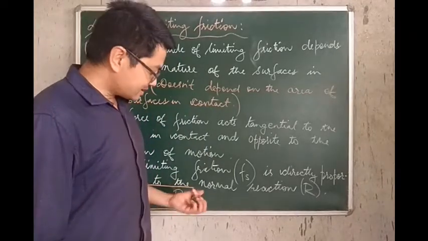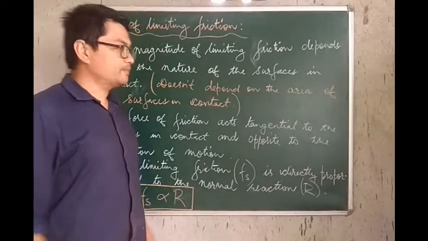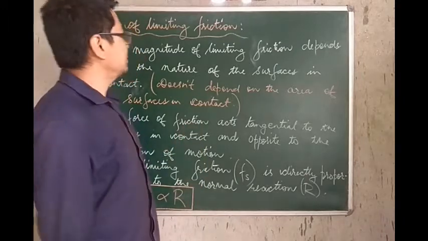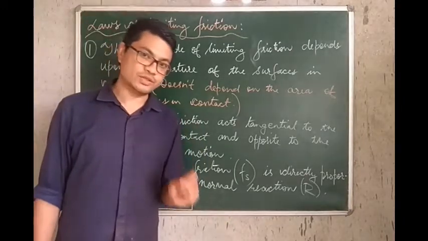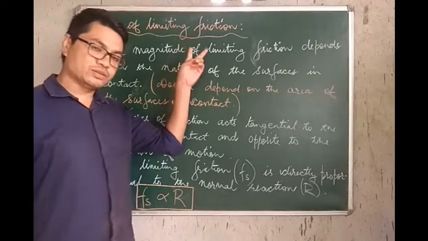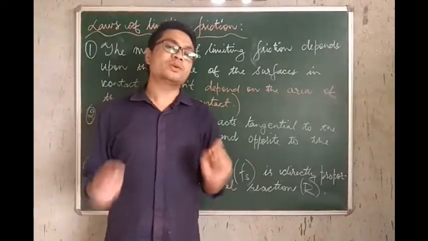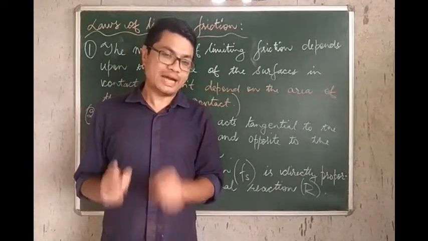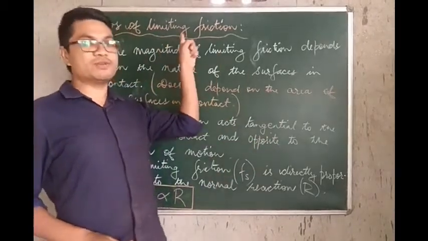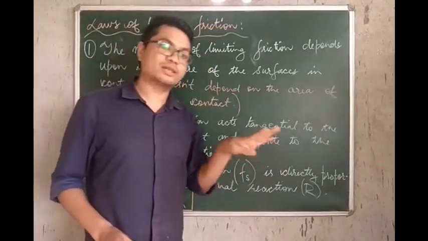Alright, so after discussing the introductory things about friction, let us give a look at the laws of limiting friction in this video. Now, what is this limiting friction? Limiting friction, mind you, is static friction, and it is the maximum value that static friction can have.